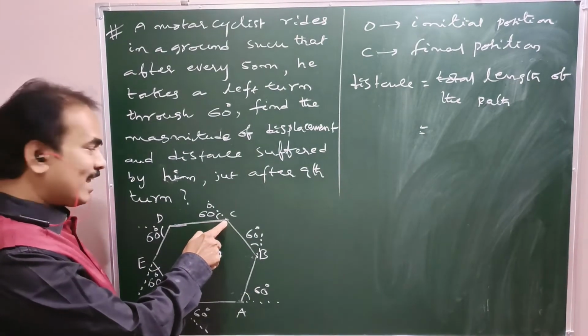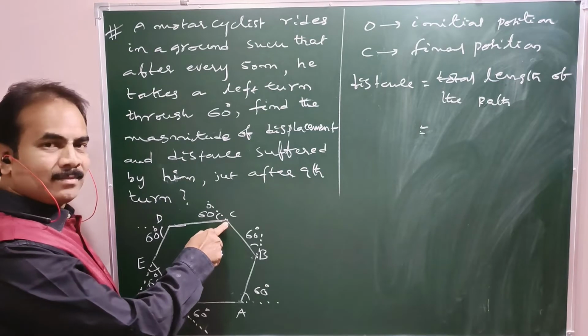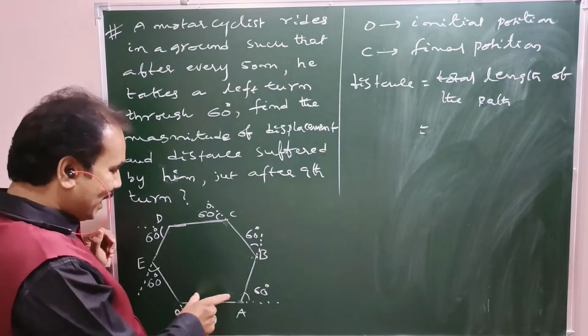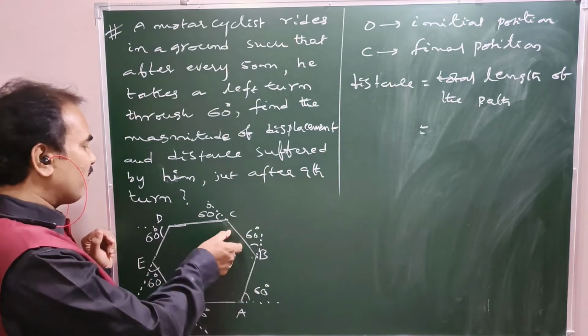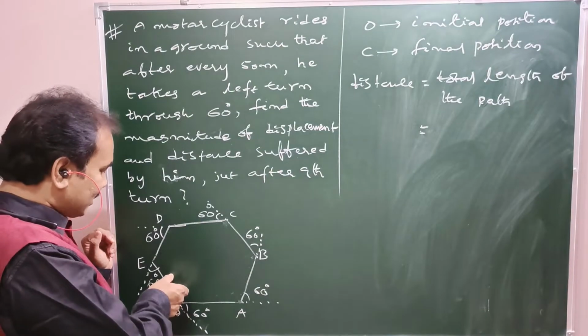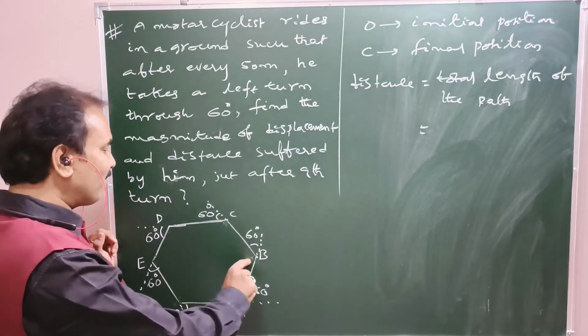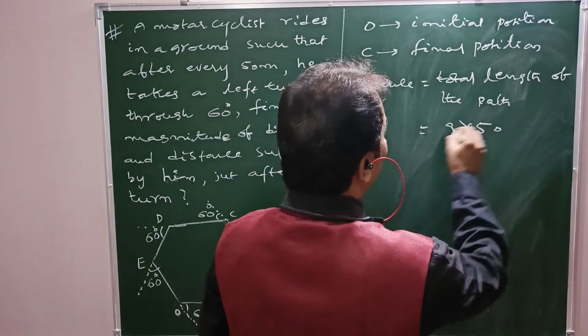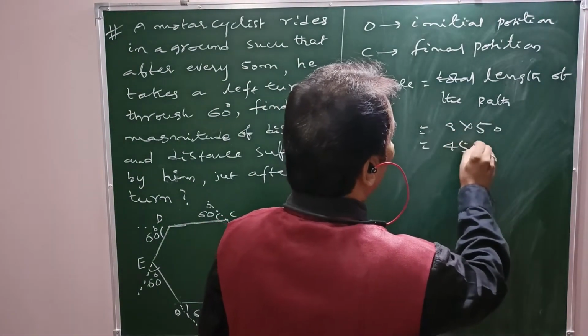Just after taking the left turn at C, he covers 9 times 50 meters. 1 into 50, 2 into 50, 3 into 50, 4 into 50, 5 into 50, 6 into 50, 7 into 50, 8 into 50, 9 into 50. So that is 9 into 50, that is 450 meters.